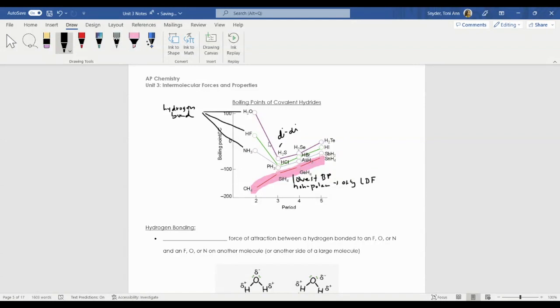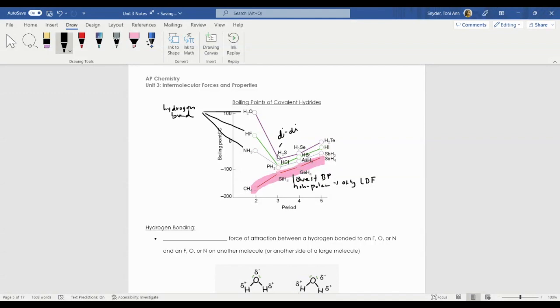So notice how once I get rid of this hydrogen bond, we do start to see the trends between the groups. Why does hydrochloric acid have a lower boiling point than hydrogen sulfide? Like we said in the last video, hydrochloric acid is not as polar as hydrogen sulfide.